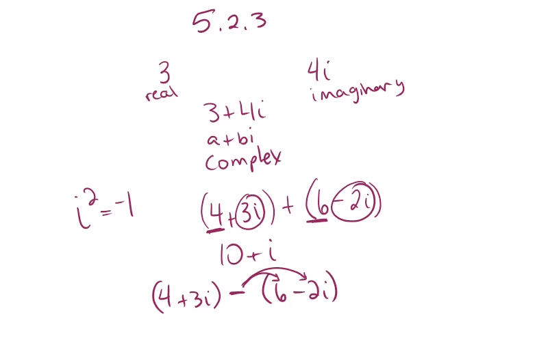It starts with a D. It's distribute. Remember my hashtag dubdistrib, except this is just single distrib. 4 plus 3i minus 6 minus minus makes plus 2i. So then I combine like terms again, and I get -2 plus 5i.